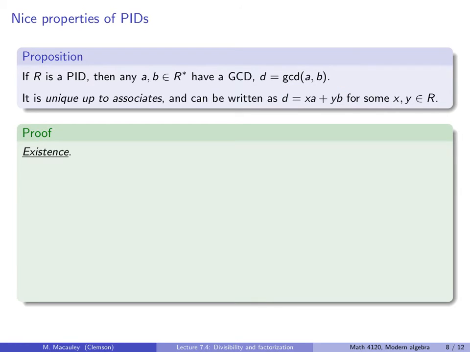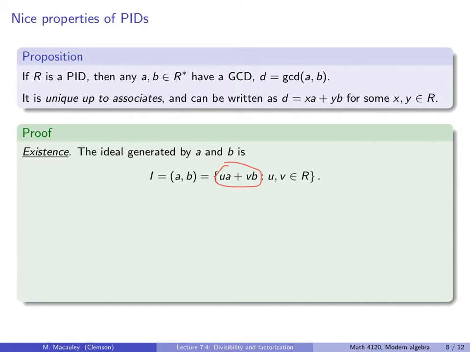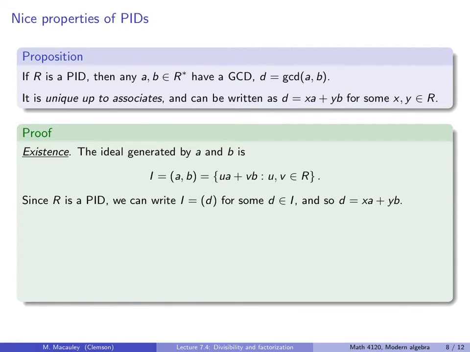To prove this, the first step is to show existence, that there is such a GCD. So let's start with the ideal generated by A and B. By definition, that is the set of elements of the form U times A plus V times B. So, as I like to say, the linear combinations of A and B. Since R is a PID, this ideal is actually generated by a single element, let's call it D, and that element also has the form XA plus YB.